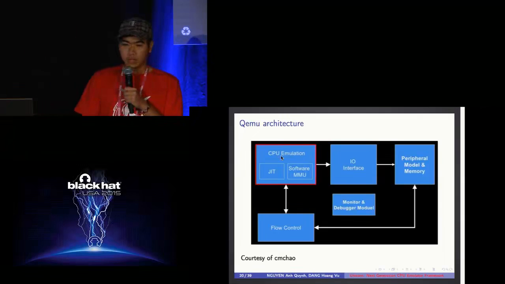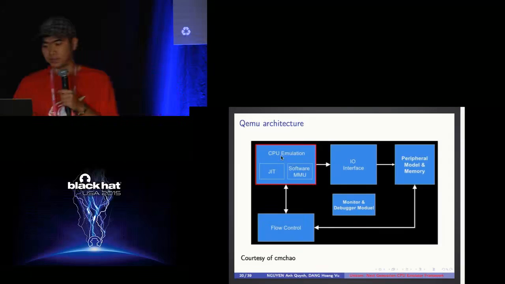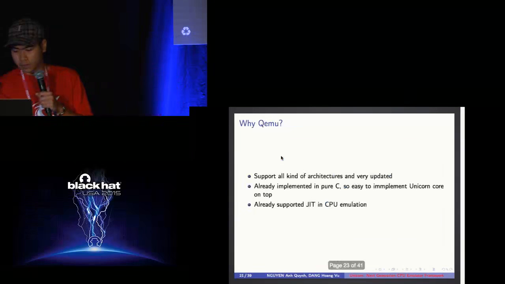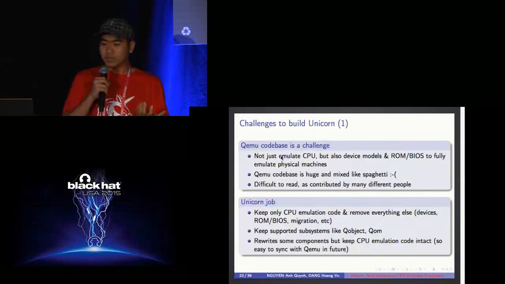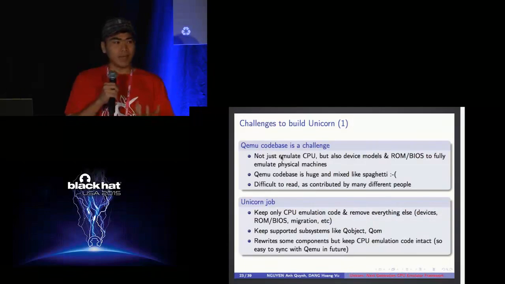We want the JIT emulator on top of it, and some component that can help us emulate the memory access. That is the software MMU. So our job is to keep this CPU emulation code and remove everything else. We need to understand all the code and just take out what we need, and hopefully the part that remains is easy to understand and easy to work with.